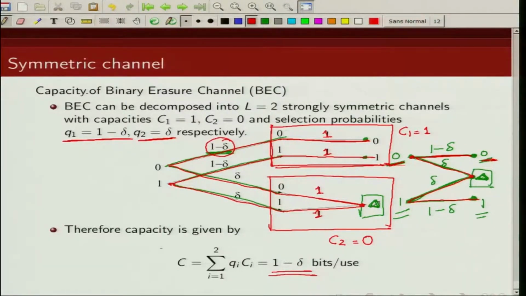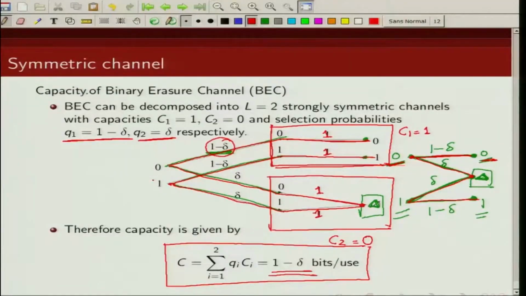So capacity is basically given by this. This example illustrates that the binary erasure channel is not a strongly symmetric channel, but it is a symmetric channel because we are able to decompose it into two strongly symmetric channels.